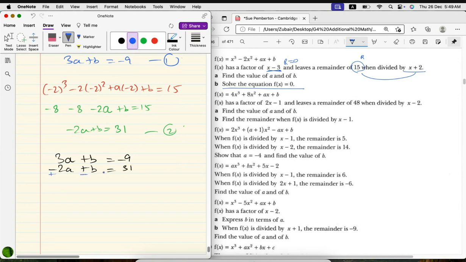And subtracting it, 5a is equal to minus 8.